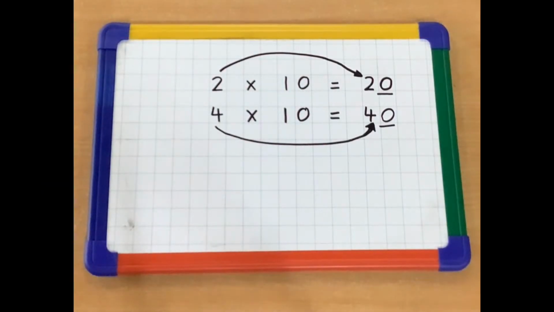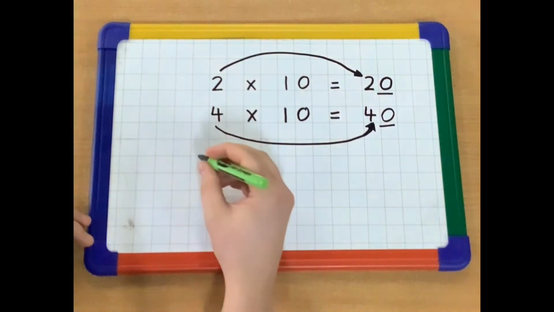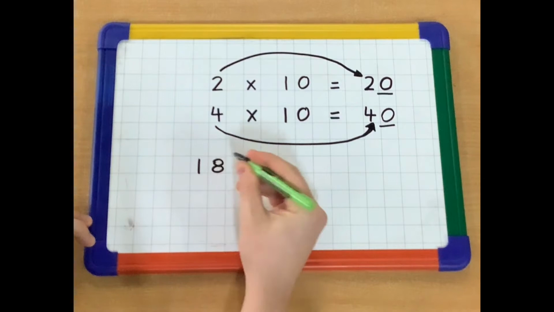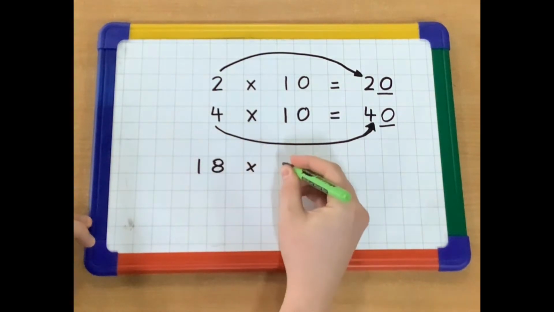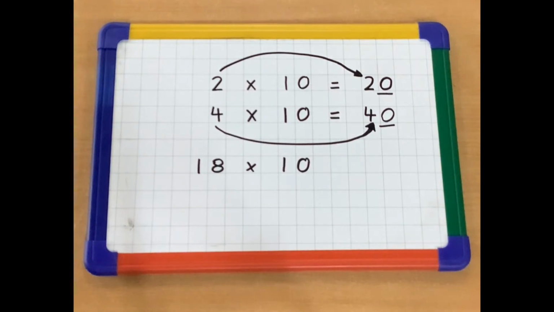You can do this for really big numbers as well. That's what's really good about this cheap way of doing things. You could times any number by 10, because all you need to do is add that 0. So if I wanted to times 18 times by 10, oh no, that's going to be a huge number.